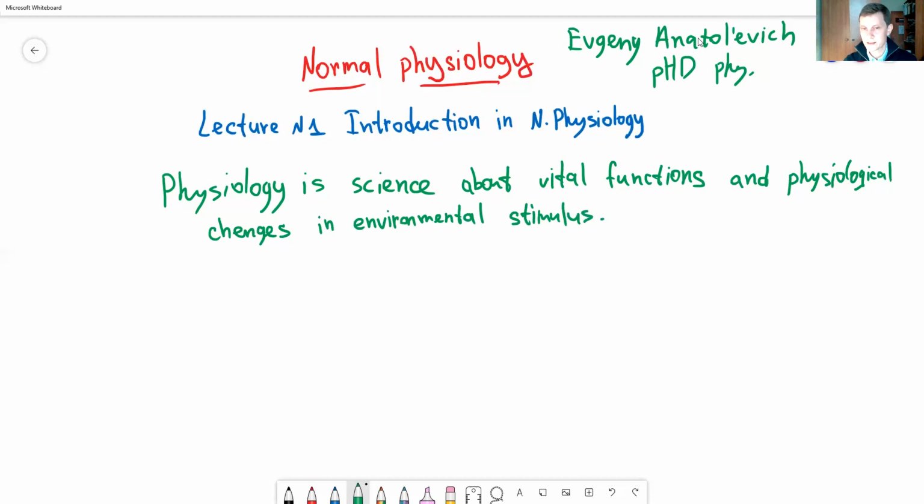Okay, the external environment is a changeable medium. It constantly influences our body, and in this situation our body needs to adapt to this stimulus. So physiology studies not only basic processes of life. It studies the process of interaction between the body and the external environment, and the process of adaptation. It means how our body changes body functions under these influences. Okay, we will study the aim of this process.